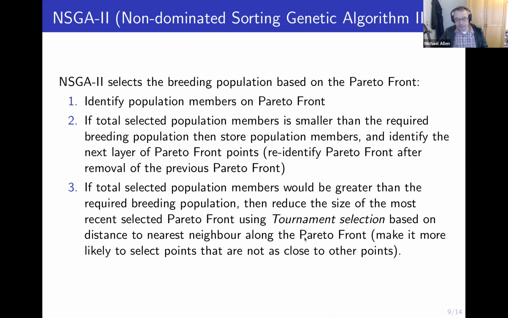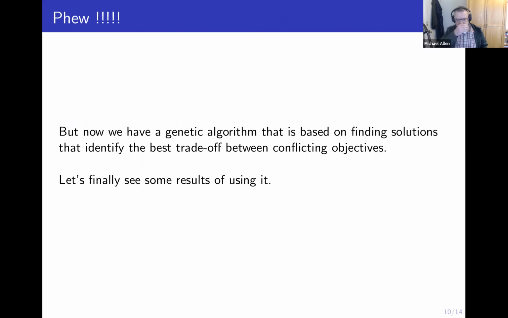In this case, we use tournament selection to thin out the crowd, if you like. So you're more likely to be picked if you've got a large distance to your nearest neighbor along the Pareto front. So it's just a way of thinning it out. Okay, that's the end of the description of the algorithm.